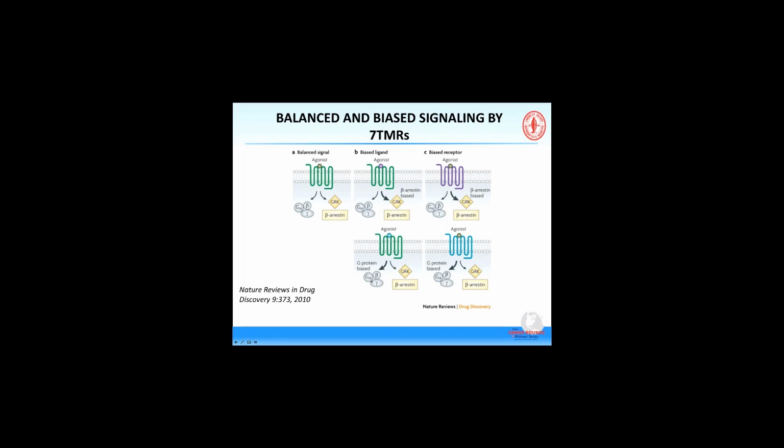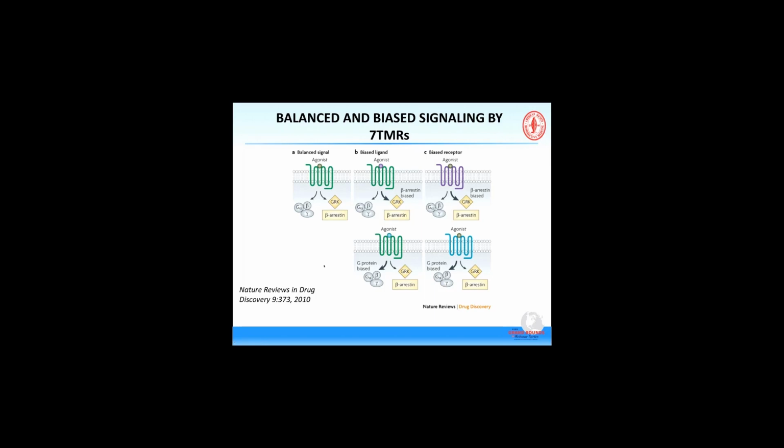And there are other agonists that work preferentially through a G protein pathway, and this is then called a G protein biased agonist. And carvedilol, which is used in the treatment of cardiac disease, is perhaps the best documented example of a drug that works through the beta-arrestin pathway rather than G protein pathways. By the same thinking, there may be receptors that are biased, working either through the beta-arrestin pathway or through the G protein pathway as well.